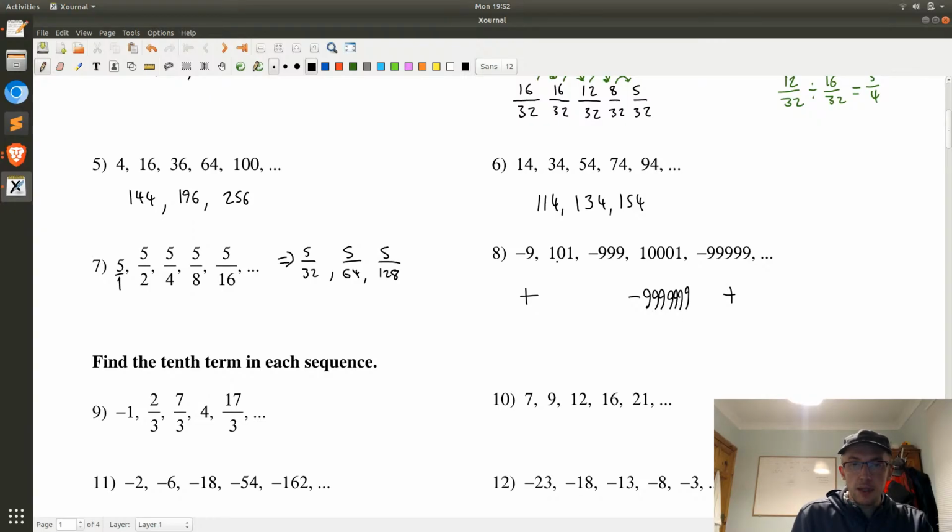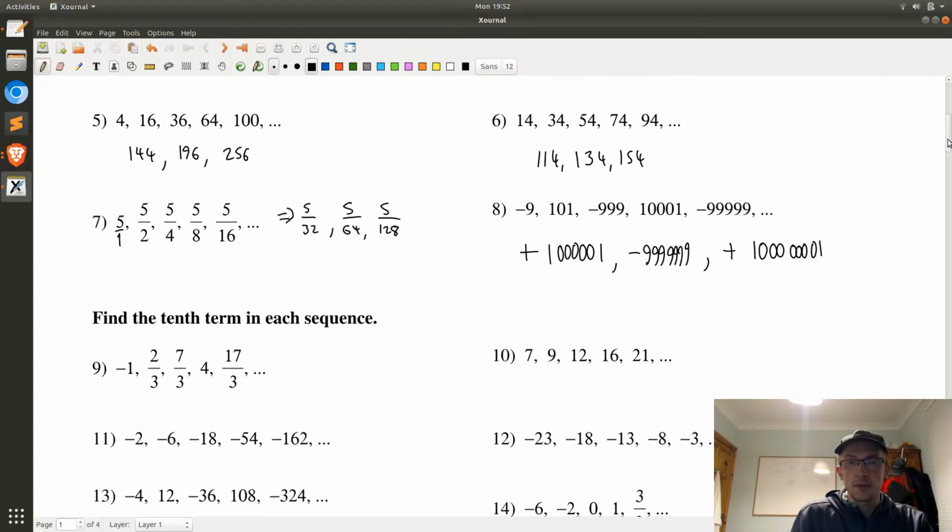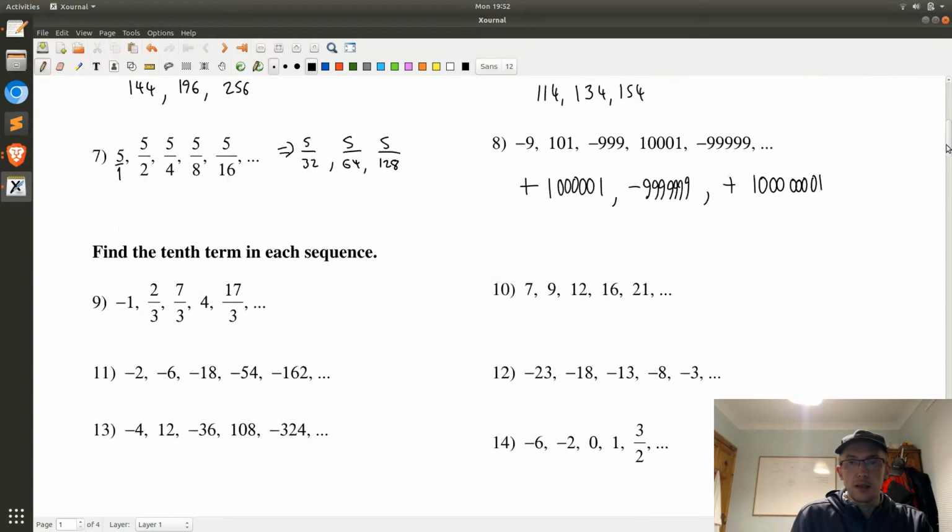And the positive numbers appear to be like 1 on both ends and zeros in the middle. But how many zeros? 1, 0, 3 zeros. I'm going to say 5 zeros. And then 7 zeros, yes. There's probably a more sophisticated way to describe that that doesn't rely on the pattern digits, but it doesn't really matter.